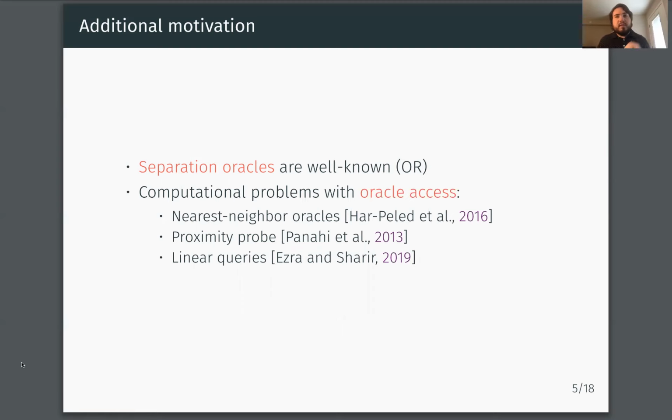So for example, things like nearest neighbor oracles, proximity probes, linear queries is a recent one where given a hyperplane and a point, you assume that you can efficiently test which side of a given hyperplane a point lies on, and so on. So we consider this just to be a natural problem on its own, with obviously motivations from active learning.